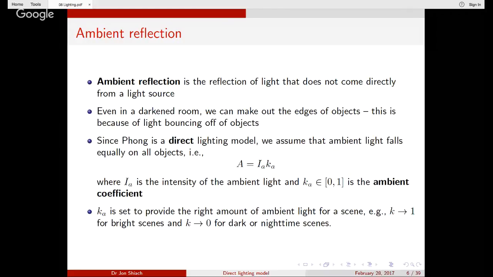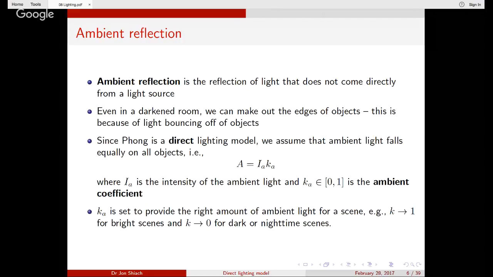And this is because of ambient reflection. What's happening is tiny bits of light are bouncing around everywhere. So if I was to try to turn out those lights again, I couldn't get rid of all light sources. What light source you do have would bounce off of objects, and you get your night vision, and you'll be able to make out various edges. This is because light bounces around everywhere. Now this is ambient reflection.